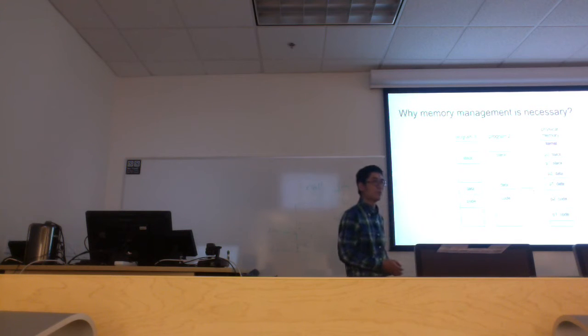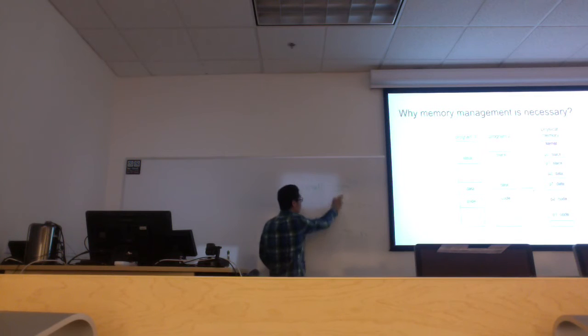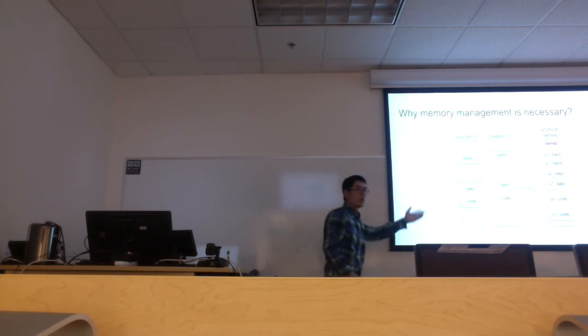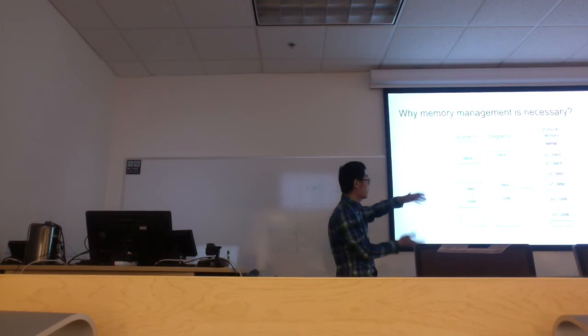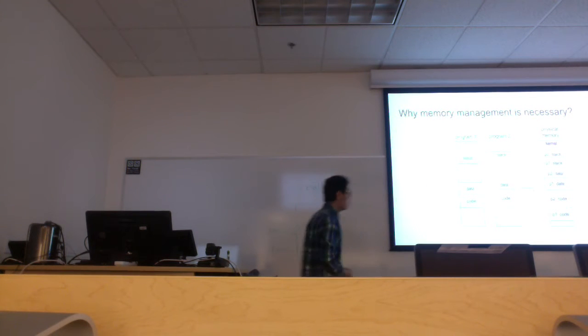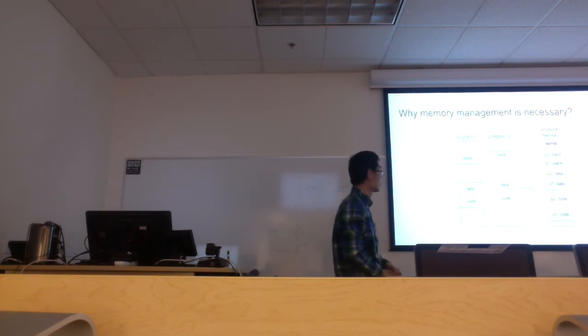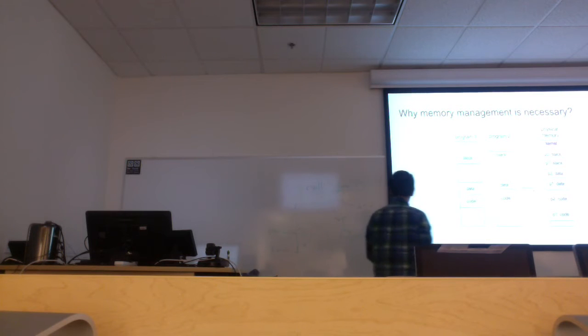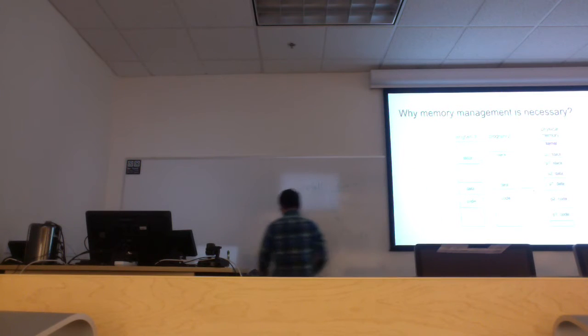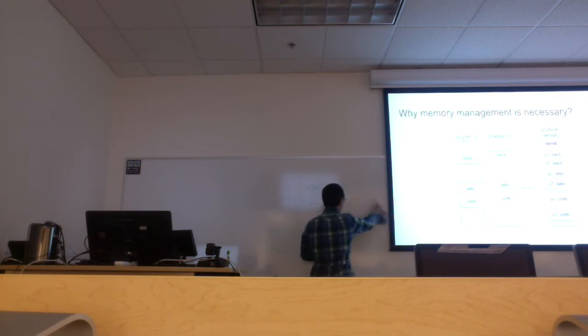We need some way to either dynamically bind the names with the address, to allow the physical memory to be flexible, or change this address on the fly. Now I have another proposal. How about, say, don't use 200. You use a base plus 200.